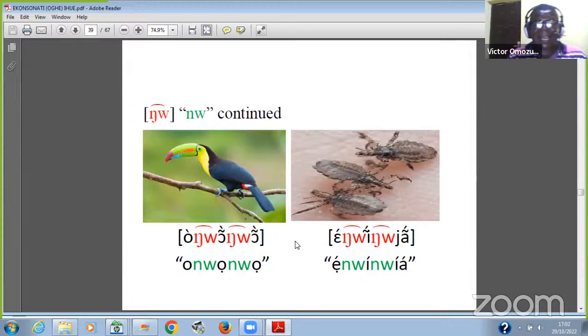Then Winnie, oh you're there. Oh, one. That's the bird, a beautiful one. And then over there, Engwinya are the ticks. The ticks you find on dogs and all that.